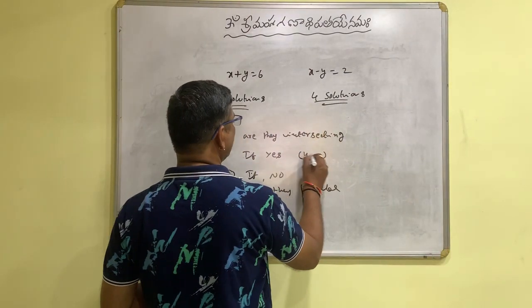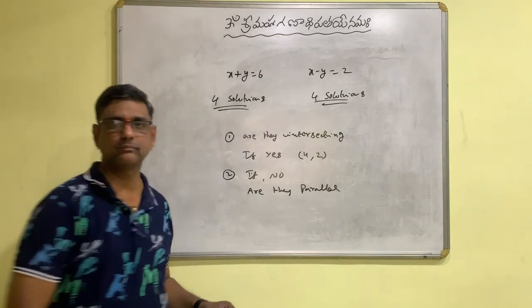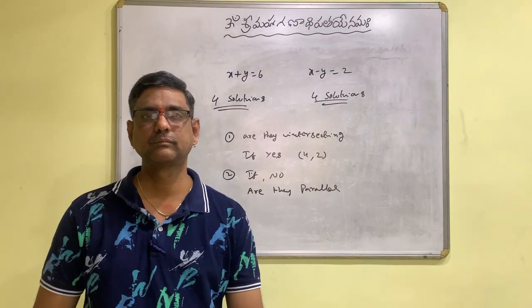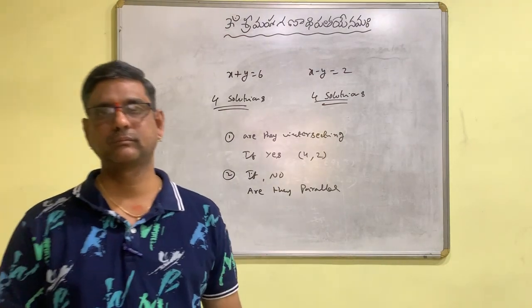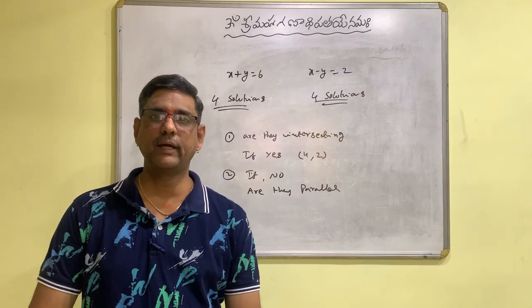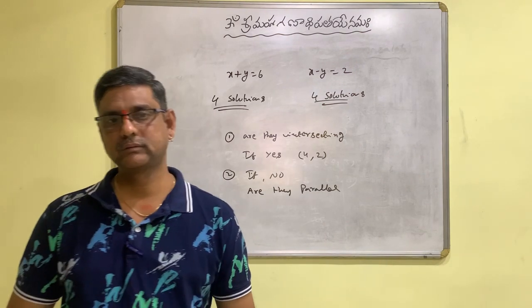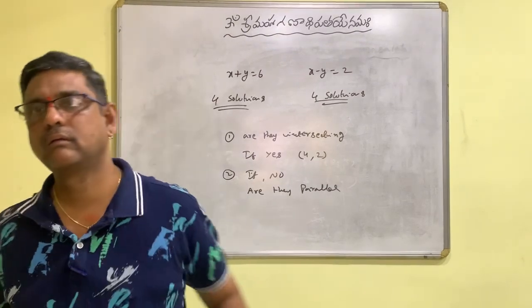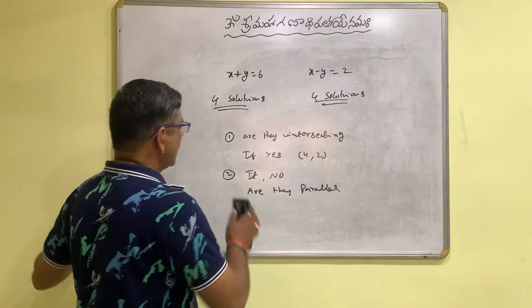Lines are intersecting at 4 comma 2. Very good. Now one more question.